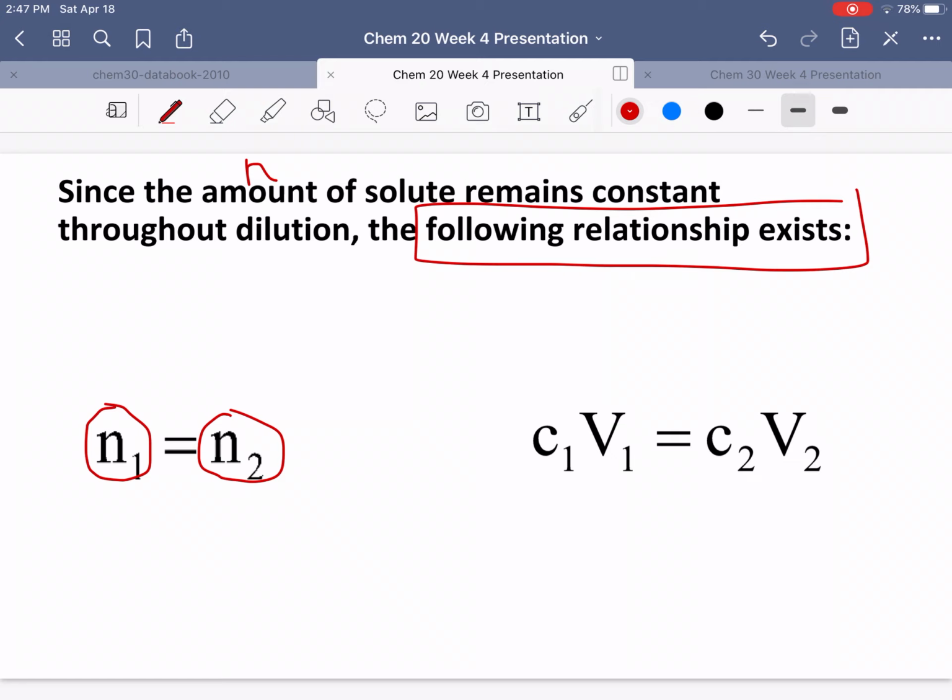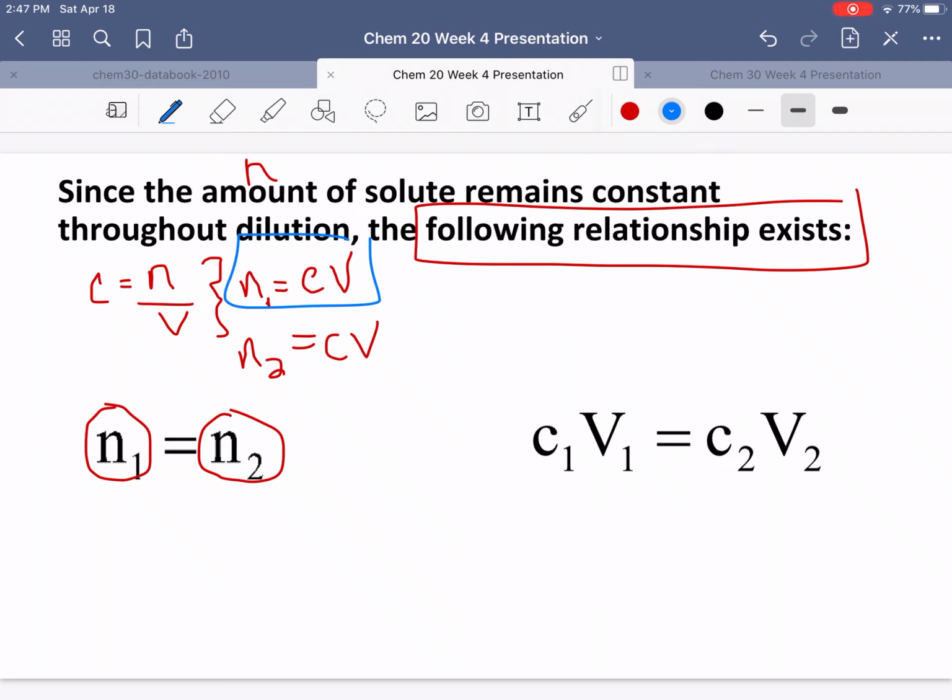Go back and consider our concentration formula. Concentration is equal to n over V. If I rearrange this so that I've got n by itself, then n is equal to C times V. If this is what the first amount is equal to, which is identical to the second amount, we can think of this as n1 and this as n2.